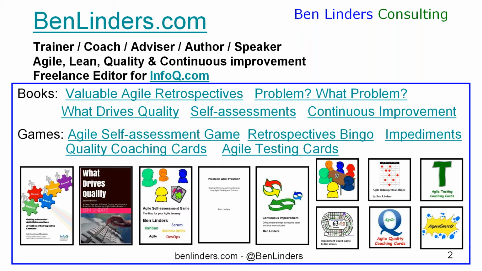It started with the books listed below, and the fourth book, What Problem, is a book that I'm still working on. But I'm sharing more and more of the games, exercises, coaching cards, and all that kind of stuff on my website for people to download and use in their own organization. This is my way of helping the software development world to become a better place.